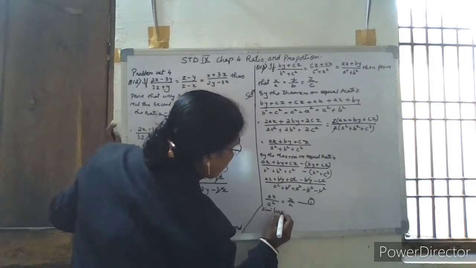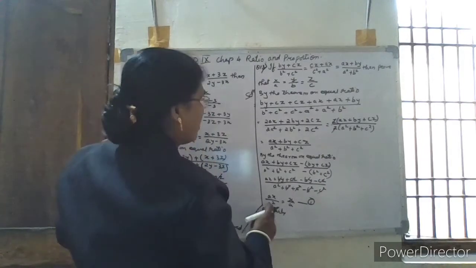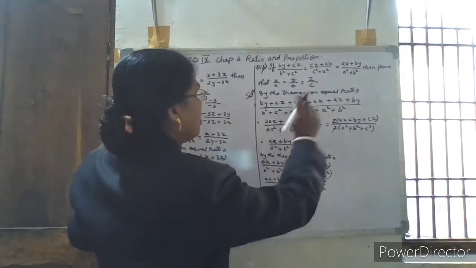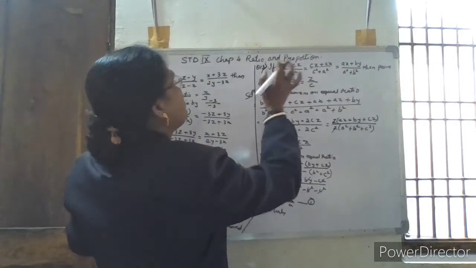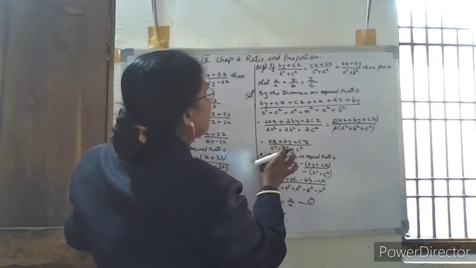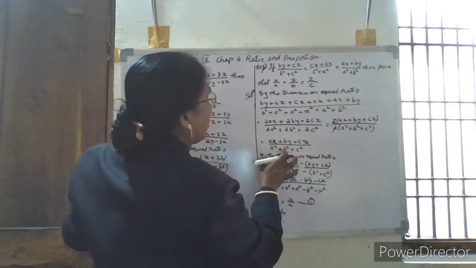directly we will prove this one. Now we have to get y by b. So leaving this by b squared, the rest two terms we will subtract.